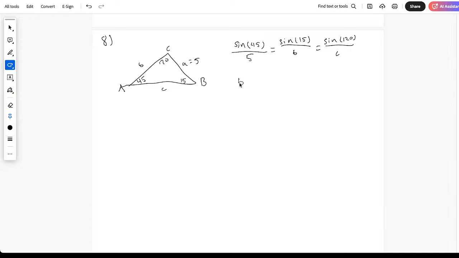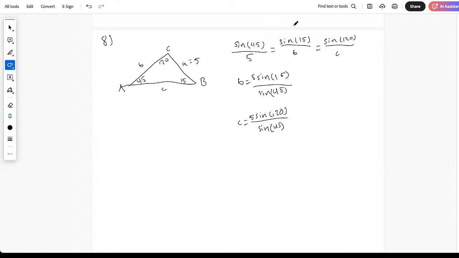So this is B equals 5 times sine of 15 over the sine of 45. And then C equals basically the same thing, 5 times the sine of 120 over the sine of 45.